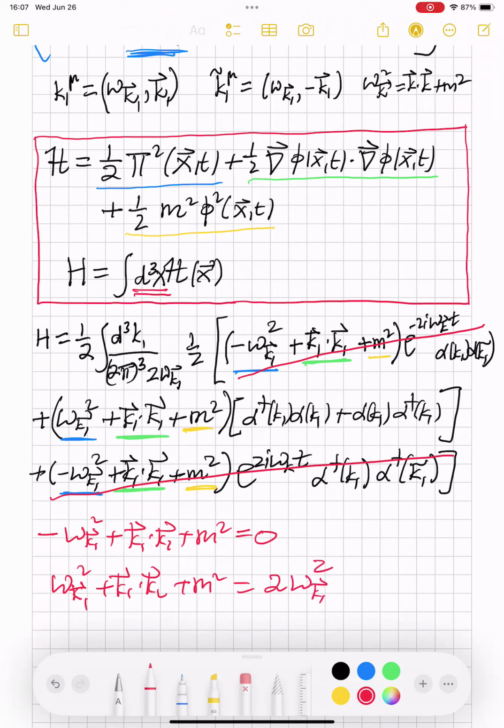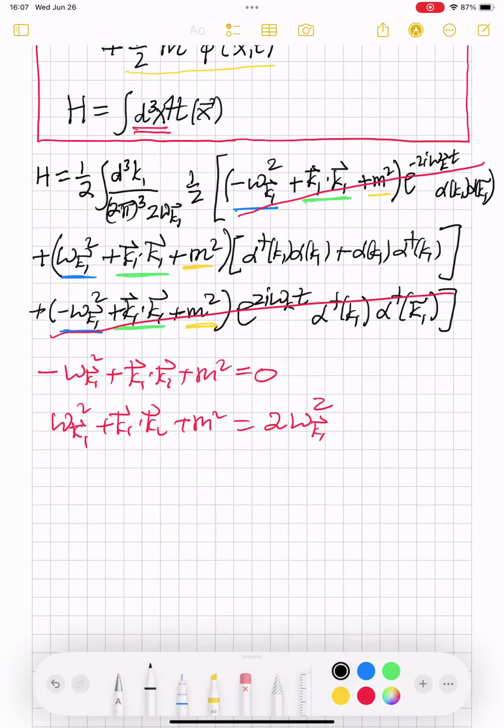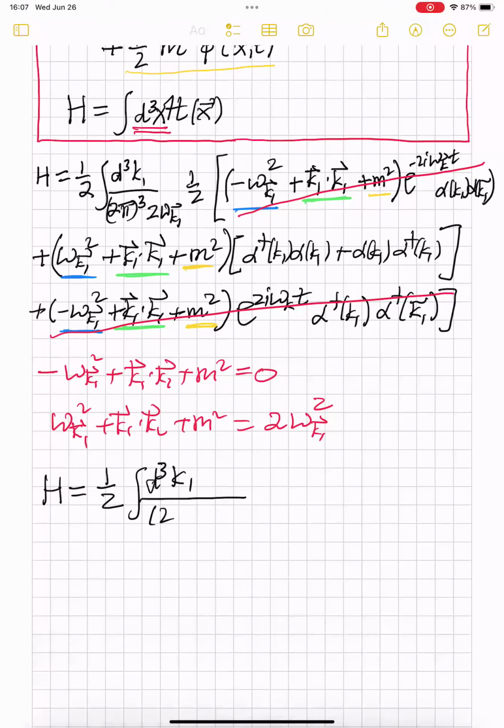So we can simplify the remaining term in the Hamiltonian. And what do we get from that? Well, now the Hamiltonian is equal to 1/2 the integral d3k1 over 2 pi cubed, we've got 2 omega k1.